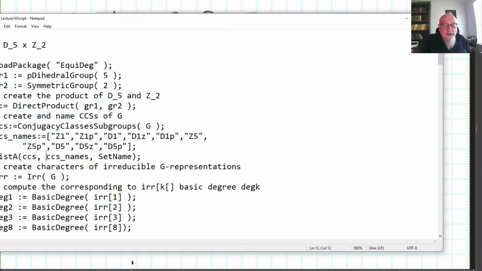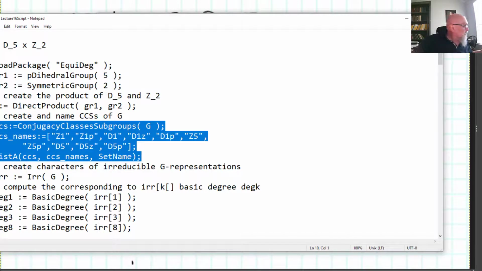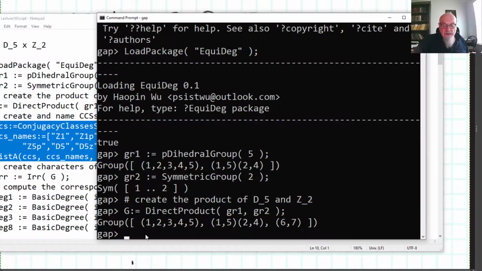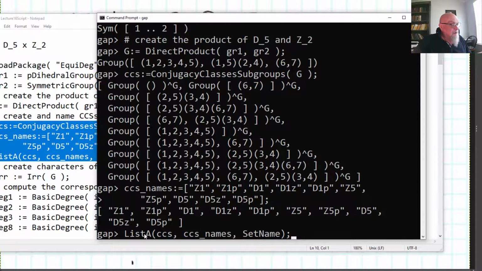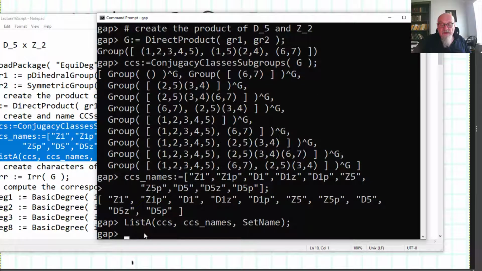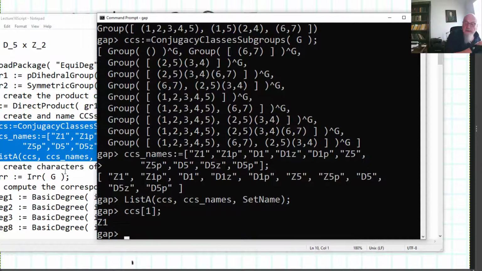The next thing is the conjugacy classes, giving the names. So let's do it. Control C, and then we go here and click. Oh, it's done. The names are set. So remember we have CCS. Now I will check how it works. So CCS 1. Do I need to do anything here? Yeah, it already gives the names.